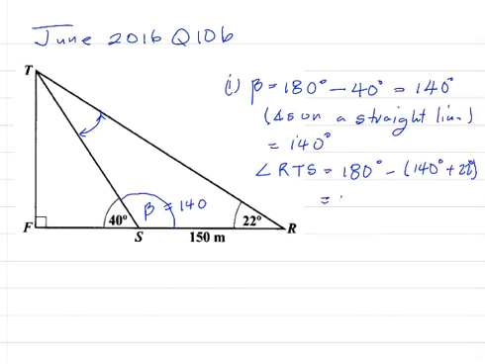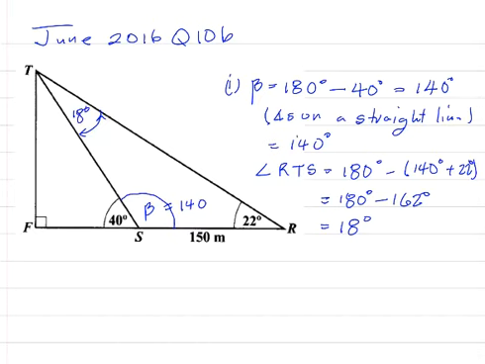This would be 180 minus 162. The angle here is equal to 18 degrees. Alright, so angle RTS is equal to 18 degrees.